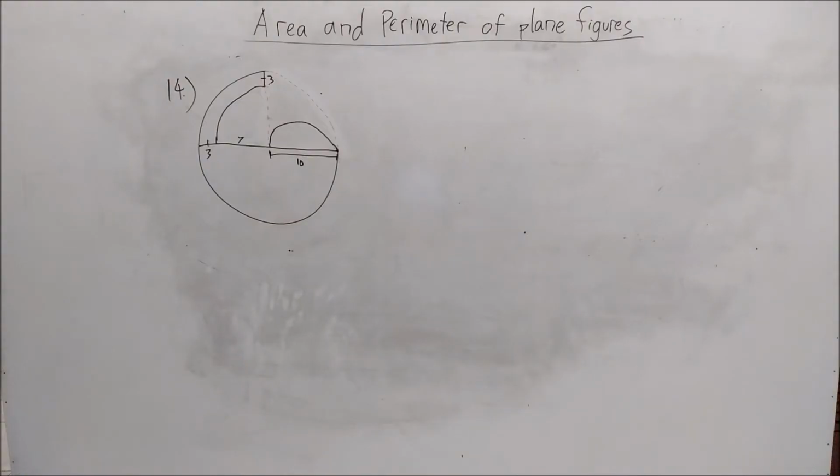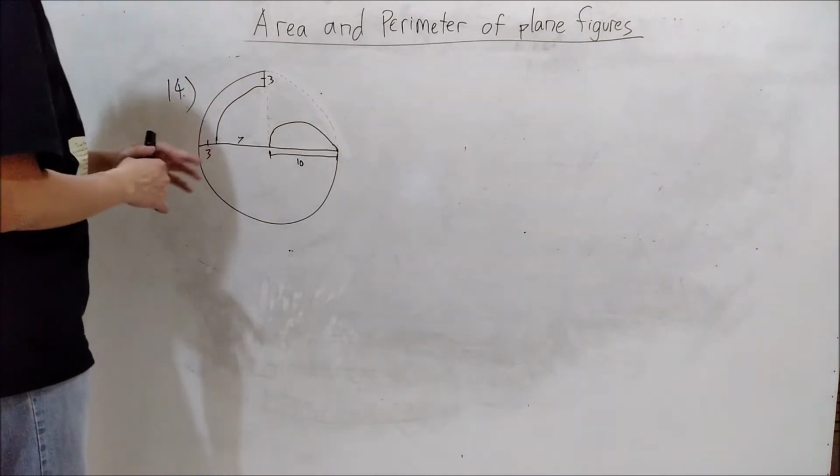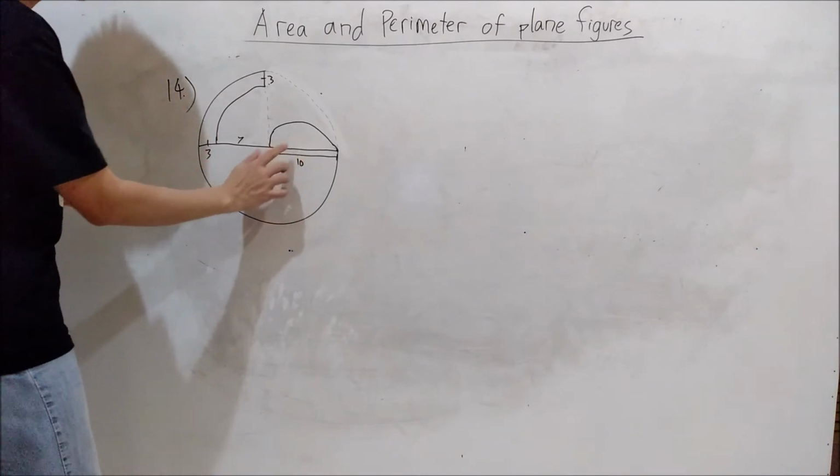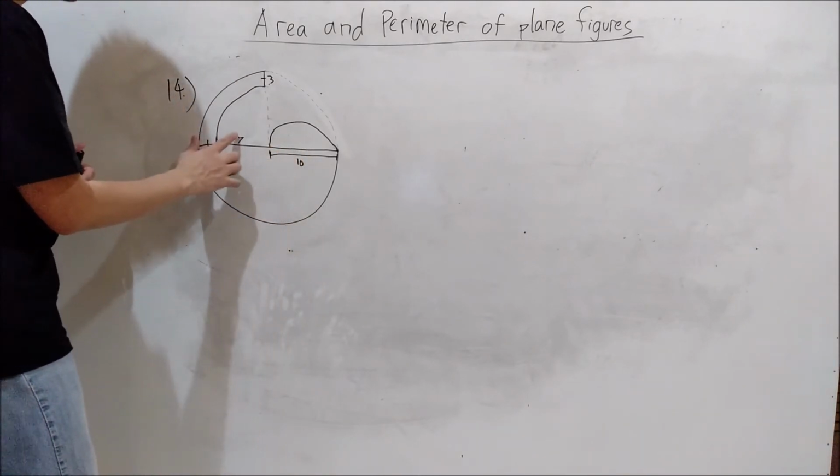If OD equals 10 centimeters and AE equals BC equals 3 centimeters, find the perimeter and the area of the shaded region. This is the shaded region. I do not shade it for you, to reduce the confusion.